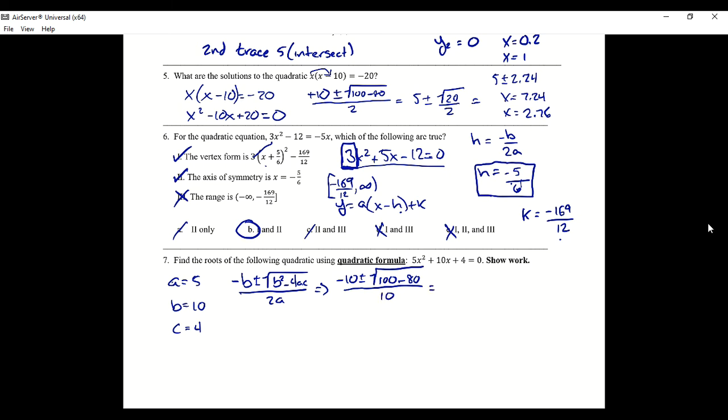So then we have negative 10 plus or minus the square root of 20 over 10. Negative 1 plus or minus the square root of 20 over 10.